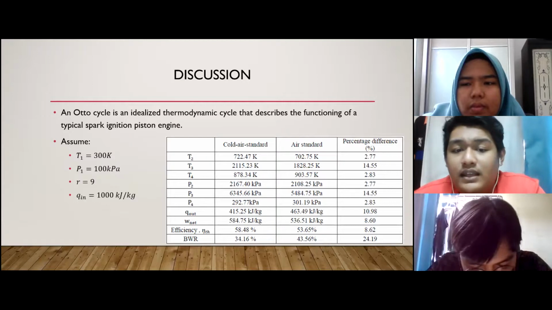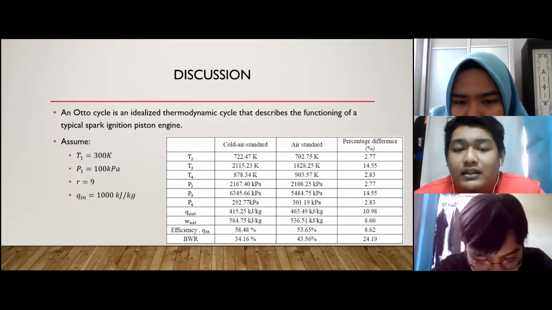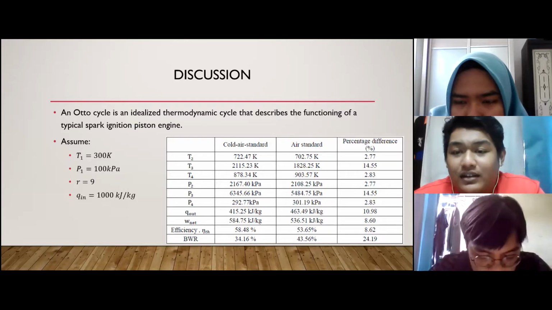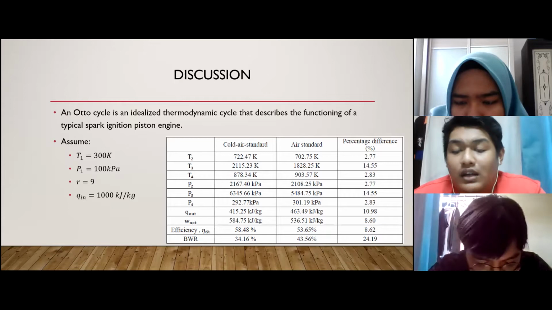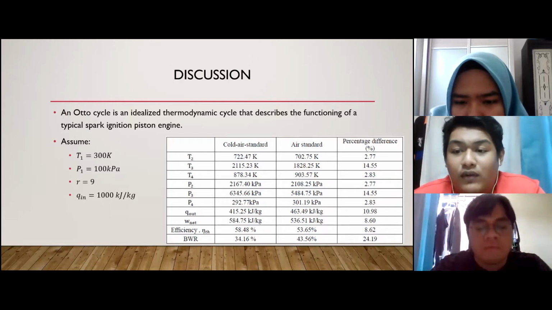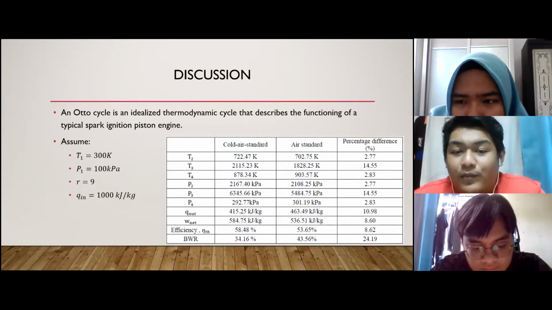As you can see in the table, although the initial values are the same, the final values for both the cold air standard and air standard assumption are different, especially in the Qout, Wnet, efficiency, and BWR, because the cold air standard has k equal to 1.4, while air standard has k not equal to 1.4.